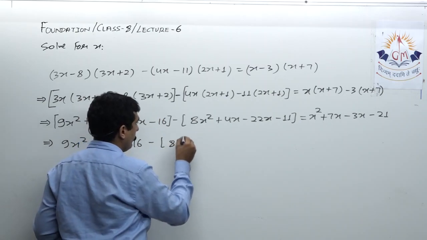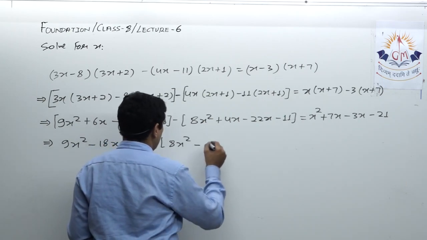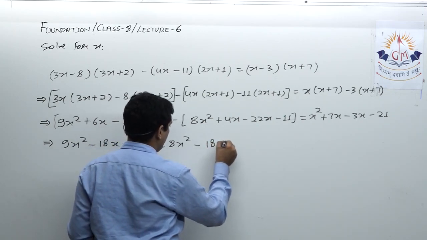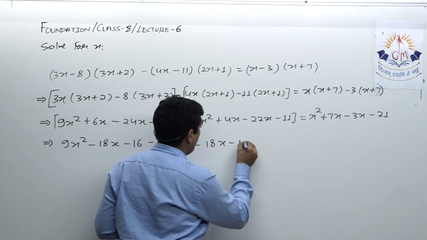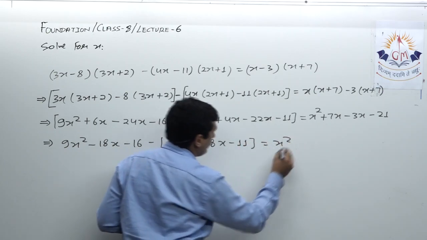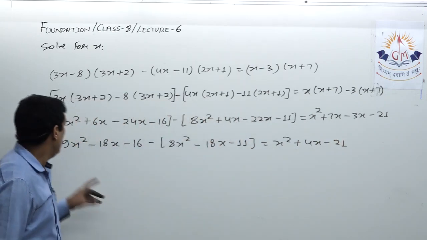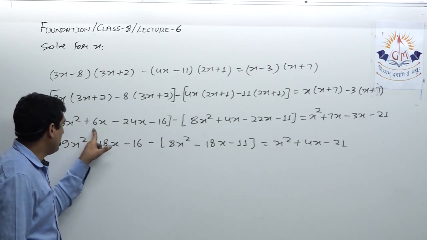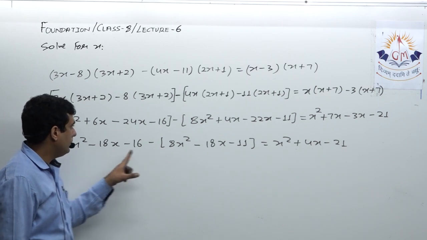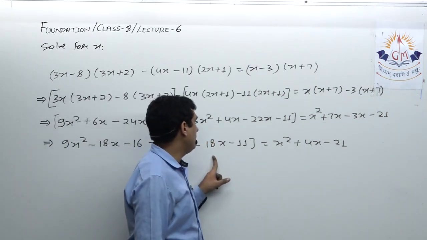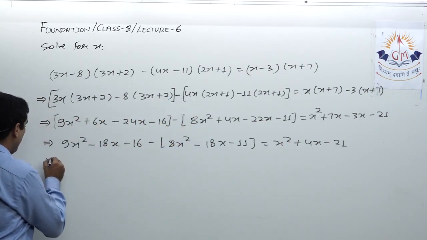It is 8x square minus 18x minus 11, and the right side is x square plus 4x minus 21. So these are the simplified forms. Let us once again check before I proceed. 6x minus 24x, that is minus 18x, and over here minus 18x, and over there plus 4x. Now I will open this bracket.